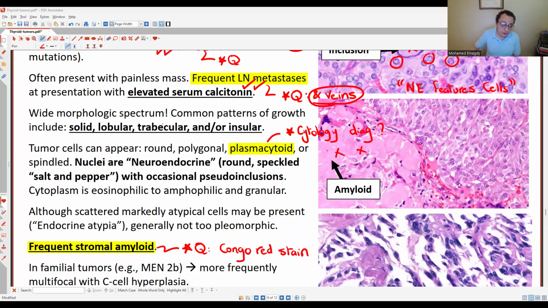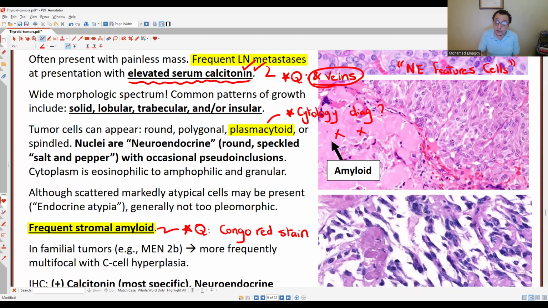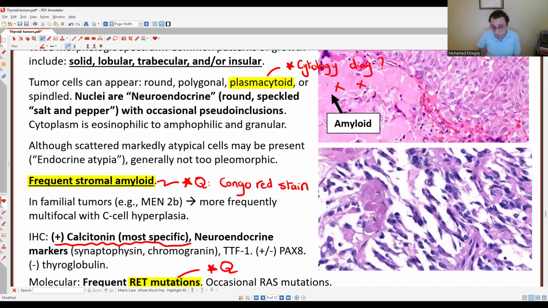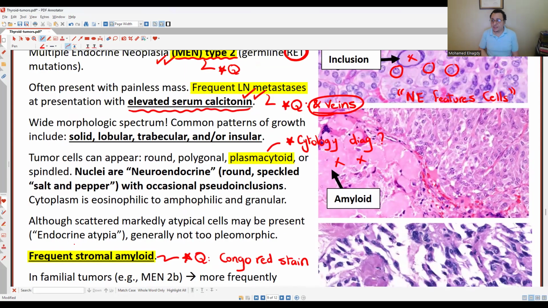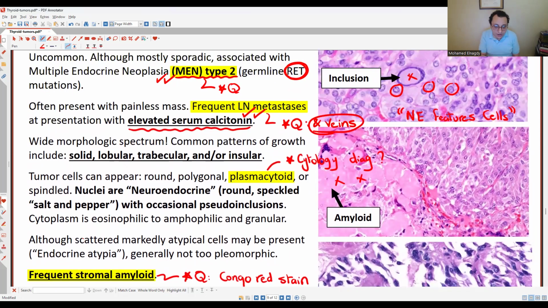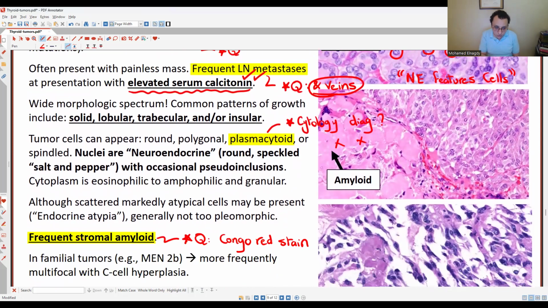This cancer still secretes calcitonin, and it shows elevated serum calcitonin and positive calcitonin staining on IHC, which is the most specific. Aside, of course, from neuroendocrine markers, including synaptophysin, chromogranin, and these kinds of things. So, neuroendocrine features, amyloid, and elevated calcitonin.